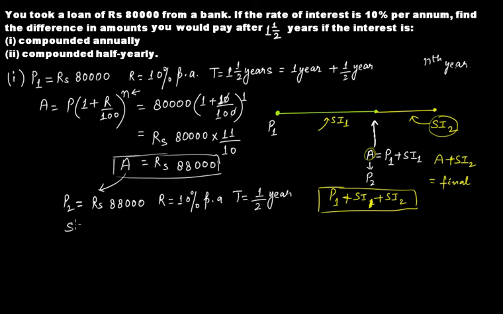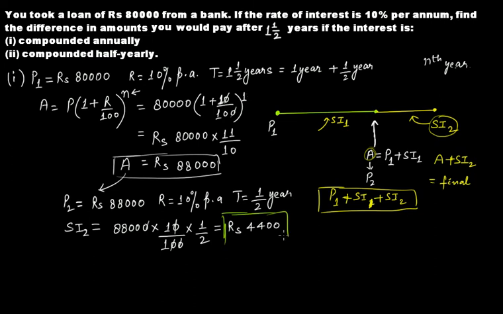If you calculate the simple interest for this period and denote it by SI2, this will be equal to 88,000 multiplied by R multiplied by T, that is half year. So if you solve it, you will get rupees 4,400. So you get the SI2 value.